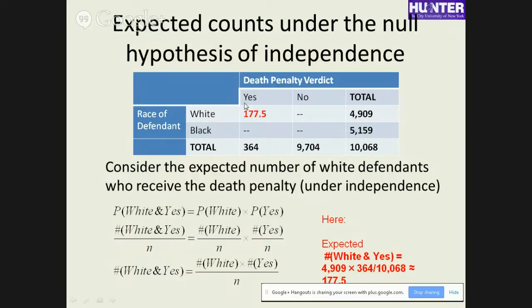So just the probability of receiving a death penalty is 364 out of 10,068. So you get a probability from that, and the probability of the defendant being white is 4,909 out of 10,068. And you remember then how to calculate this probability of both of those being true?